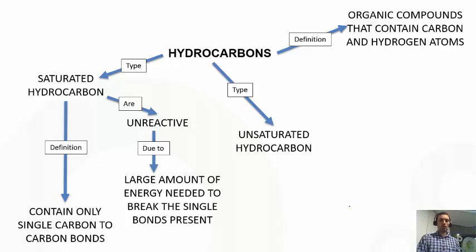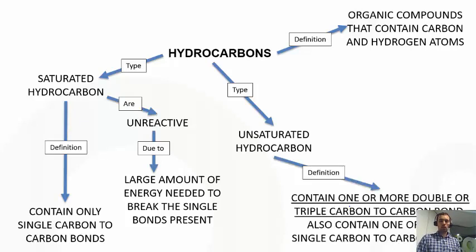Unsaturated hydrocarbons, however, don't just have single carbon-to-carbon bonds. They're going to have one or more of these double or triple carbon-to-carbon bonds. They'll also contain single carbon-to-carbon bonds, but the key is that an unsaturated hydrocarbon doesn't just contain single carbon-to-carbon bonds. There's going to be a double or a triple carbon-carbon bond somewhere in that structure.